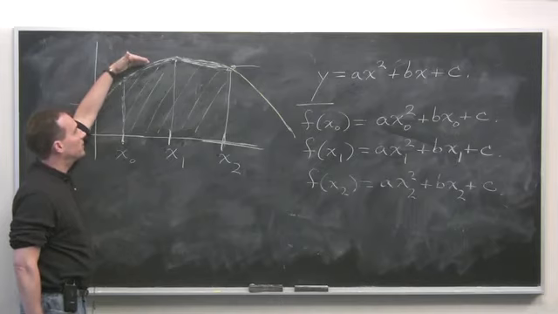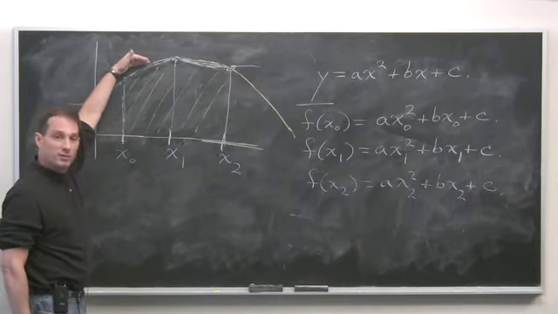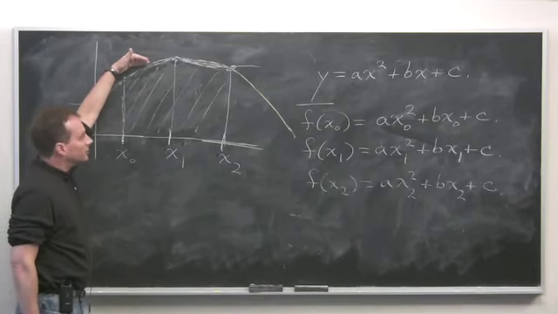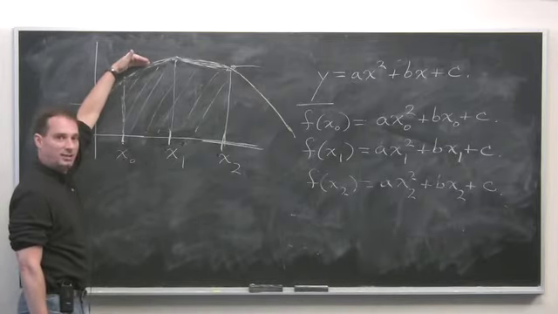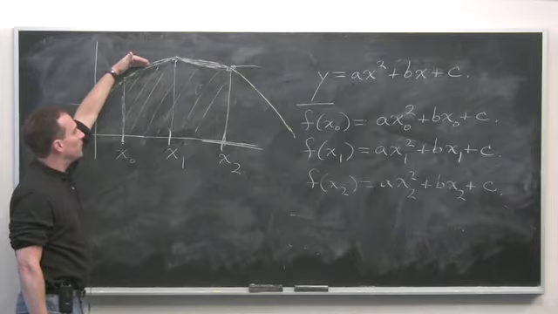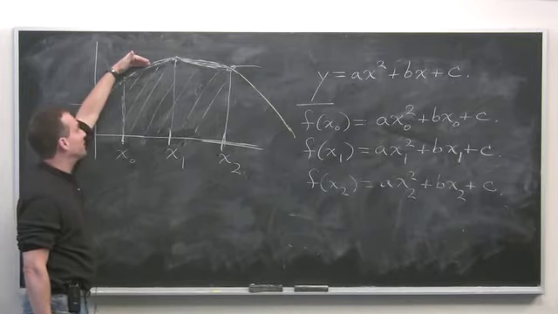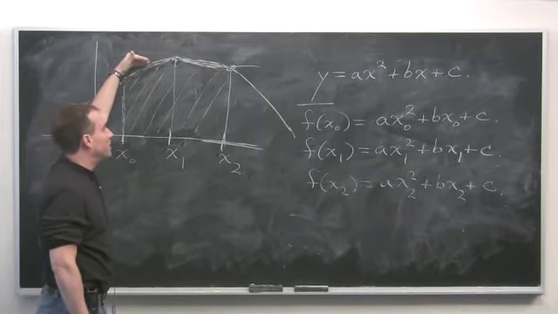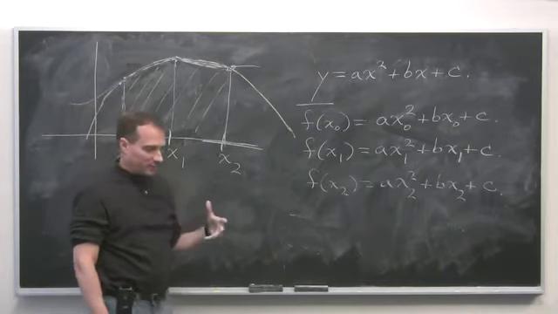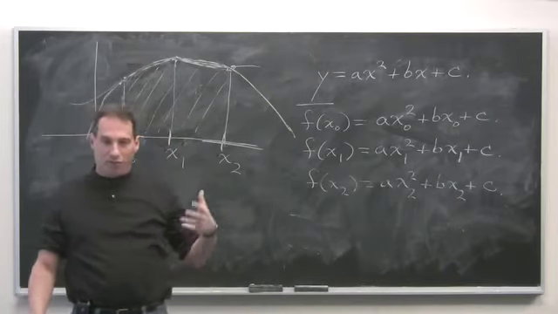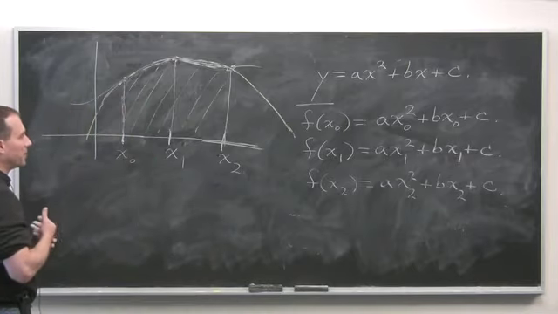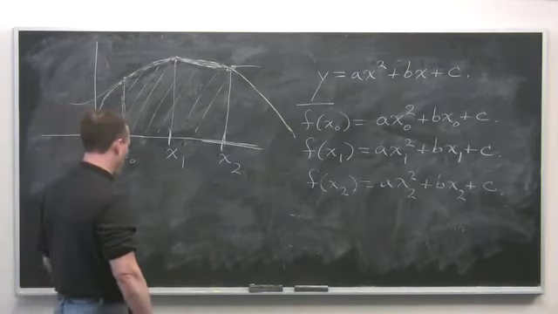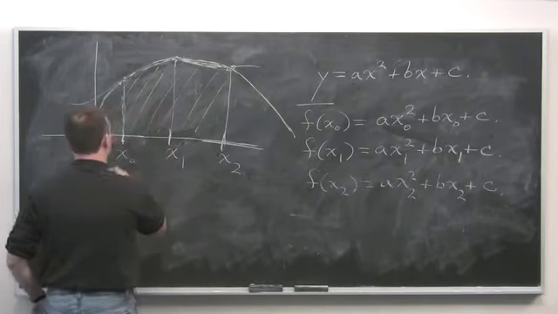Because your typical graph of a function curves. Straight lines don't curve. The trapezoidal rule or even the midpoint rule use straight lines. But most curves curve. The graphs of most functions curve. And parabolas curve. So it's easy to believe that parabolas would fit the graph better and that your approximation would be better.